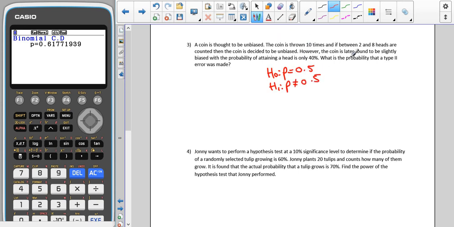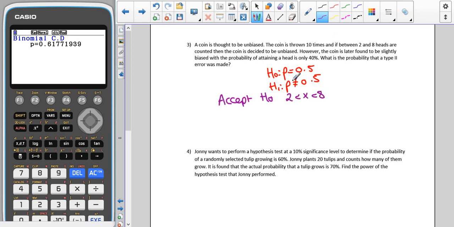The coin is thrown 10 times, and if we get between 2 and 8 heads counted, then it is decided that the coin is unbiased. Because that's saying then that the probability is 0.5, that's our accept H0 region. That's what we want. So we're accepting H0 when 2 is less than X is less than 8.